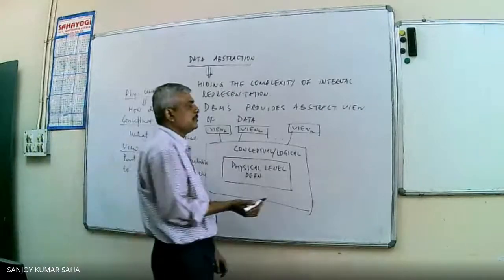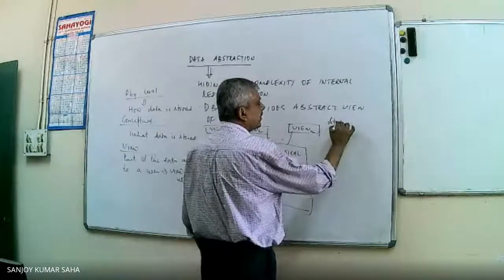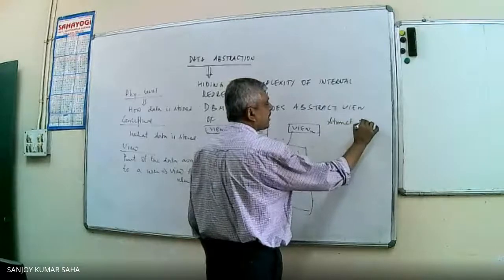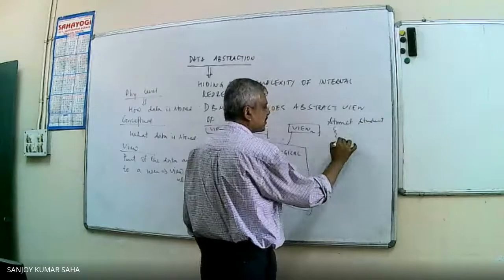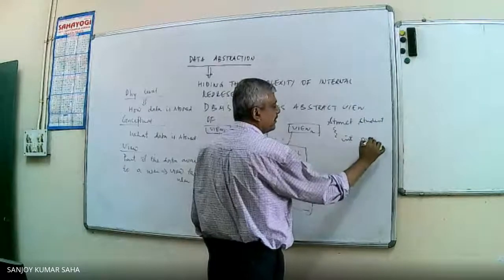Suppose we are storing the records in a file, say our struct. So we are storing the student information. Say struct student. We have a record structure like this.